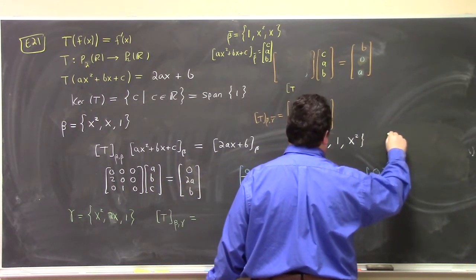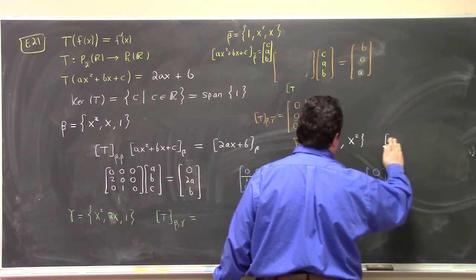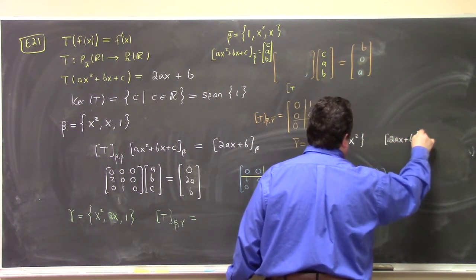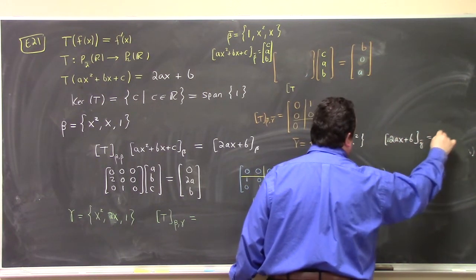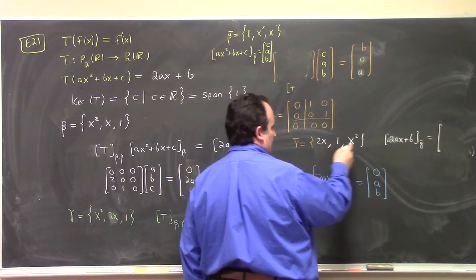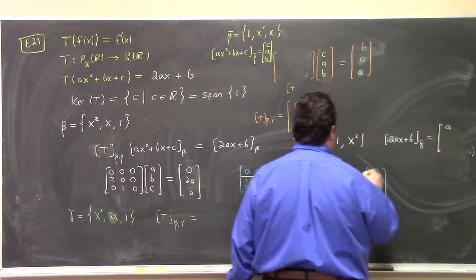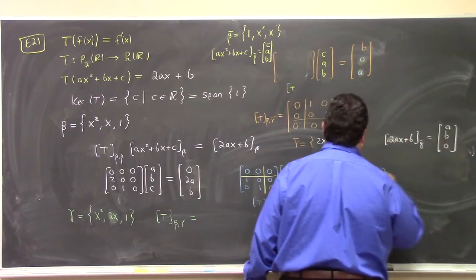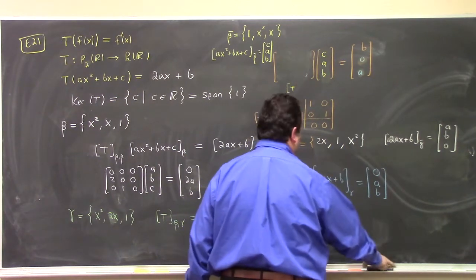Okay, so let's just for a second here. We got the image was 2ax plus b. What is the gamma bar coordinates of that? It's a, b, 0. I think that's wrong.